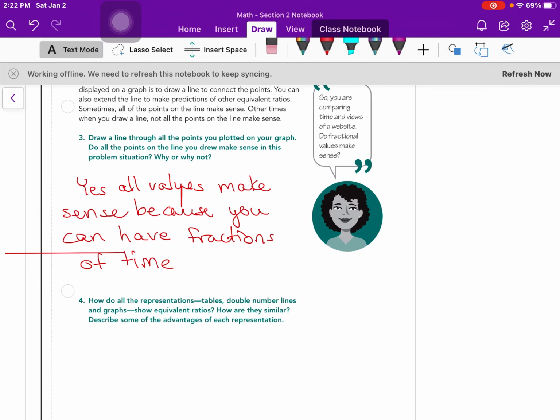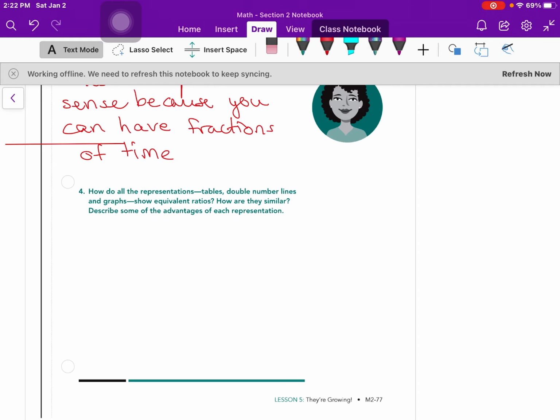And the last question, how do all the representations, let's list them here, tables, double number lines, and graphs, how do they all show equivalent ratios? How are they similar?